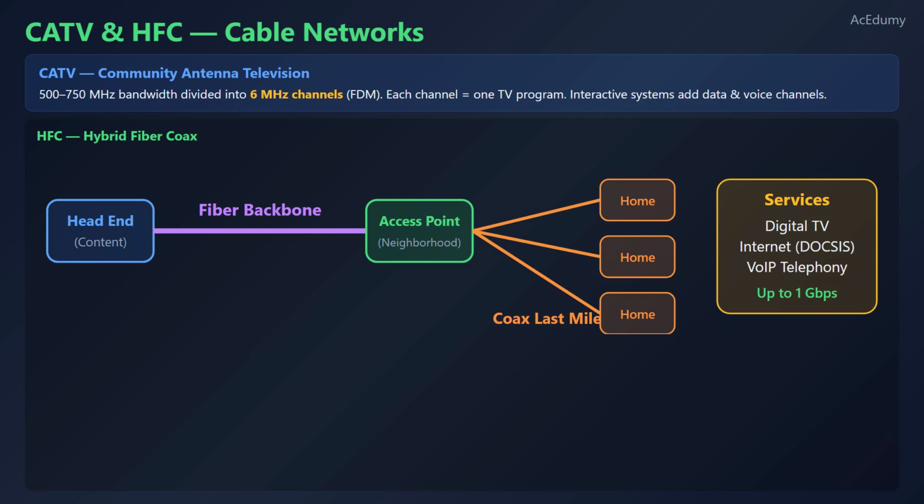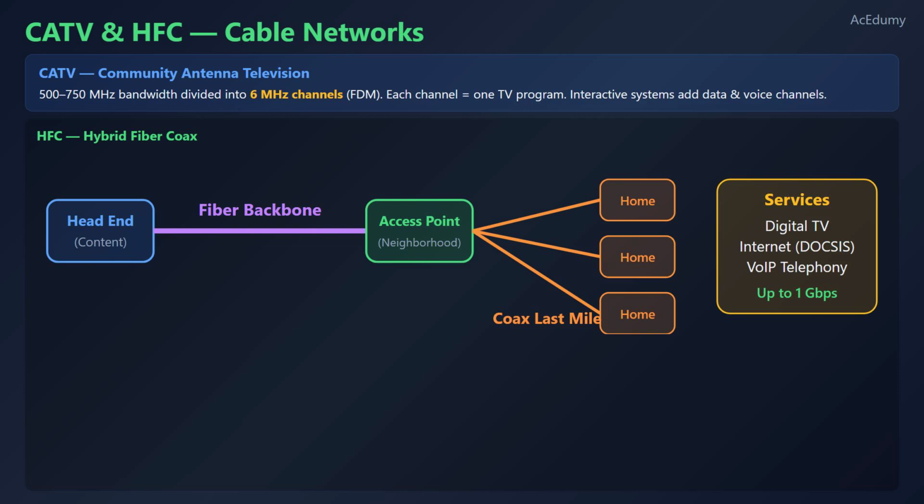Modern cable networks use a hybrid fiber coax architecture known as HFC. In HFC, fiber optic cables form the backbone carrying signals from the head end to neighborhood access points. From the access point to individual homes, coaxial cable covers the last mile. This hybrid approach combines the massive bandwidth of fiber with the existing coax infrastructure already installed in homes.